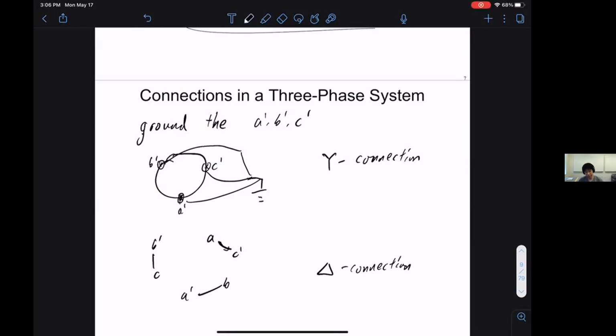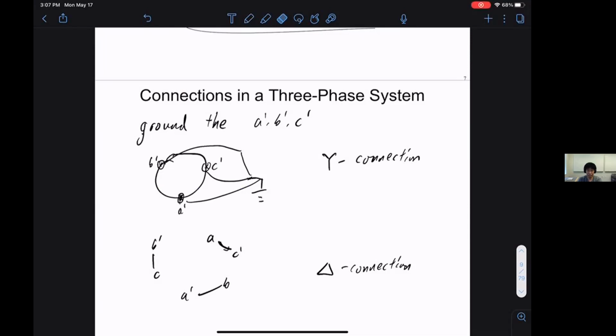So this becomes the so-called delta connection, looking like a triangle. Both of these connections work, and we'll see why they work and do the calculations. So three-phase for us is really understanding these connections, computing the voltage, current, and power out of all of these, and then looking at how load works. These are our connected sources.